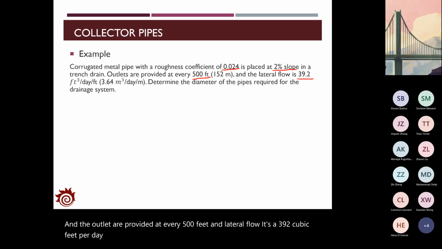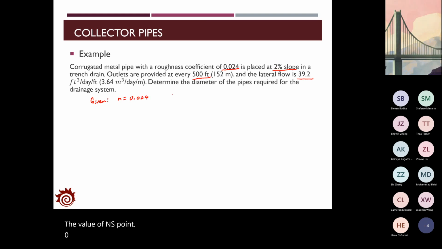We want to find out the diameters for the pipes required for the drainage system. So in this example, we are given n as 0.024, slope as 0.02, the lateral inflow rate as 39.2, and the length as 500 feet. So with that, we can find the minimum value of the diameter.